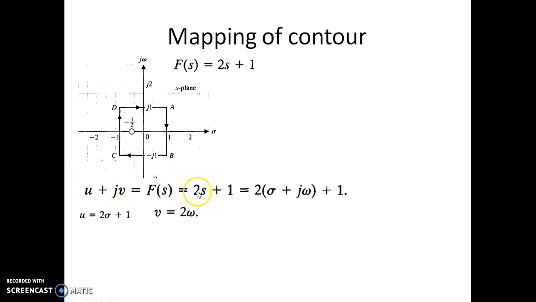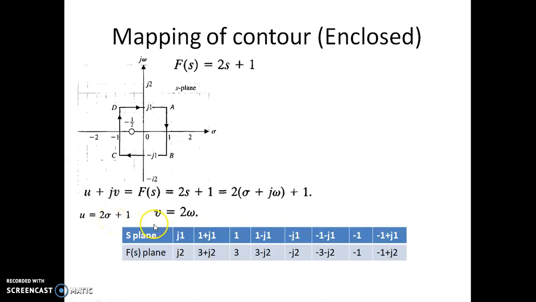Let us find out the values of u and v in terms of sigma and omega. Now we can see this is j1. If it is j1, omega is actually 1. And sigma is 0 here because this is on the imaginary axis.